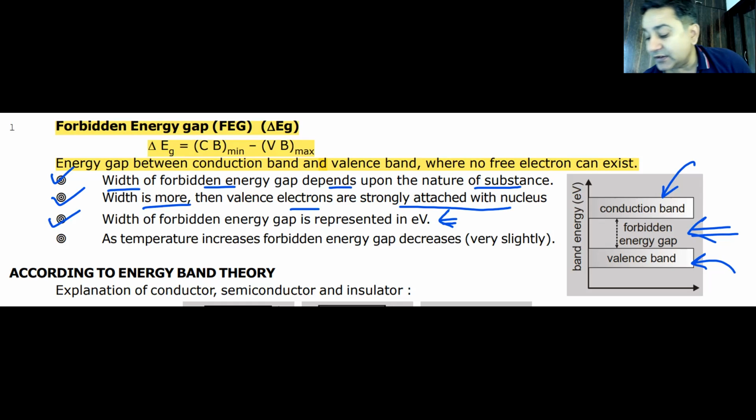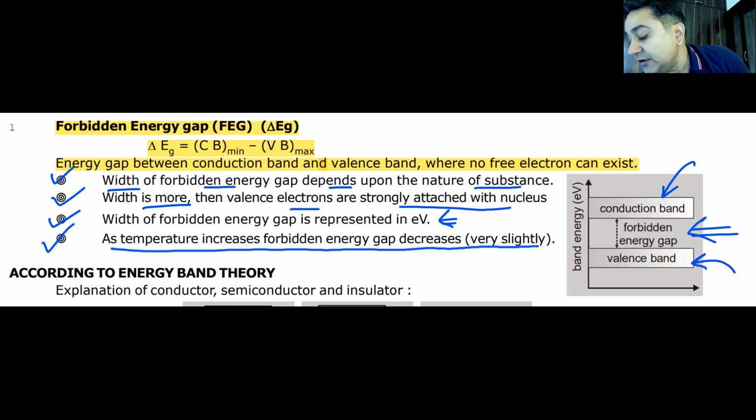You must remember this: as temperature increases, a very important point, the forbidden energy gap decreases. Electrons get more energy, so they can easily jump from the valence band to the conduction band, and therefore the width decreases. Do we understand this? Please note this down. I'll give you a minute.